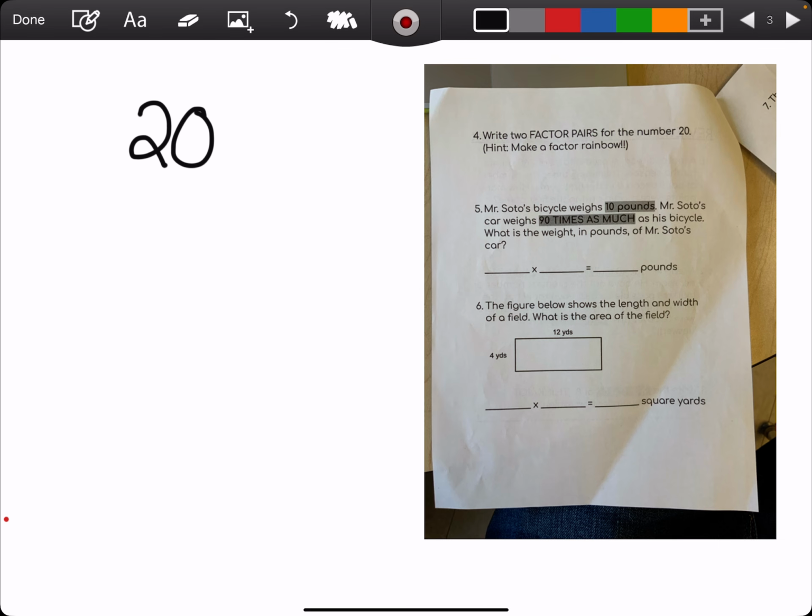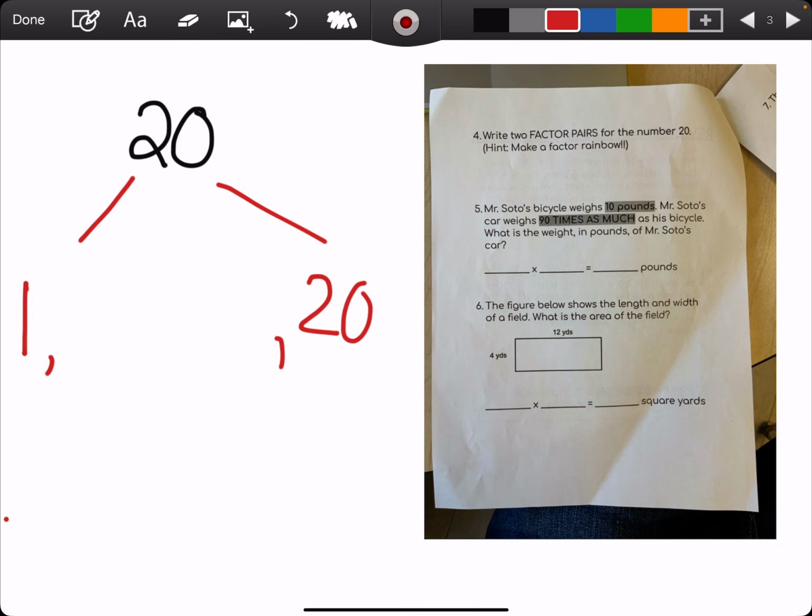There are two factors which should be automatic. So you should be saying 1 and itself. So the beginning of your factor rainbow is always going to be 1, and the end of your factor rainbow is always going to be whatever number you're working with. So there's your first factor pair. We just needed 1 more because we wanted 2.